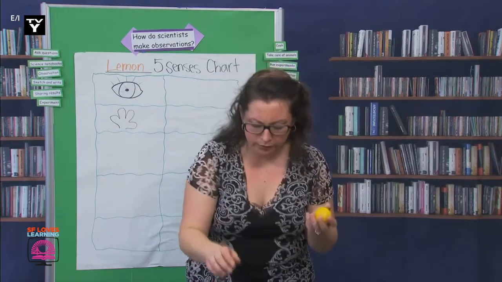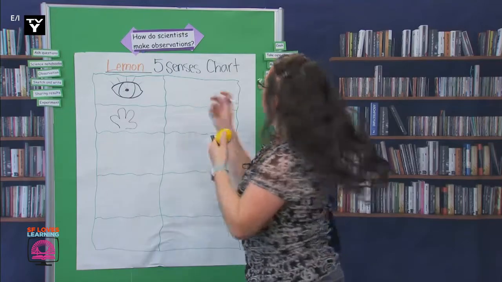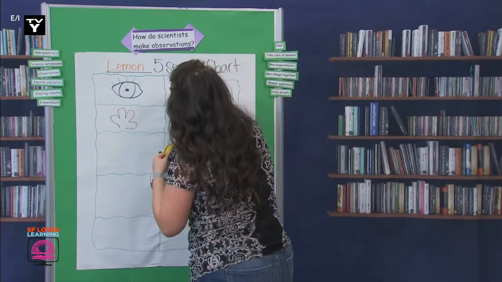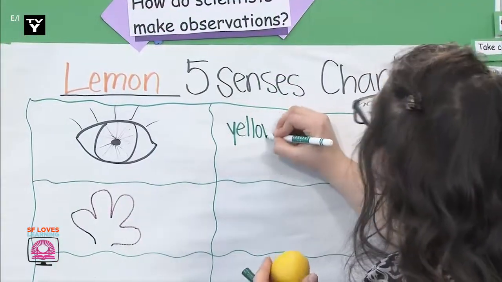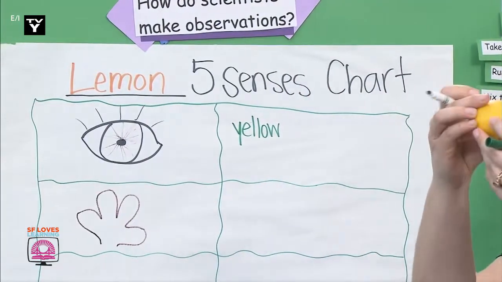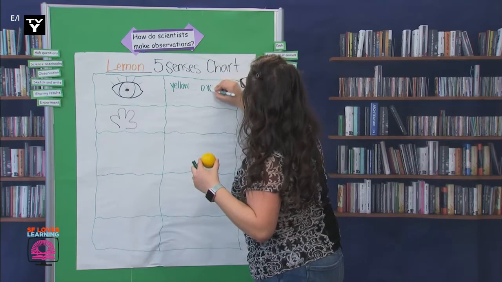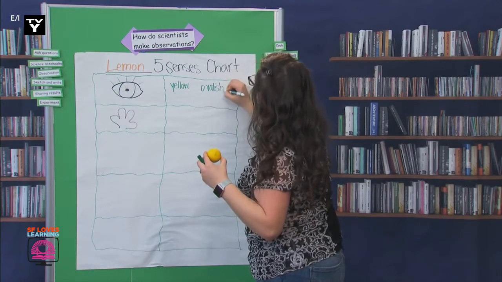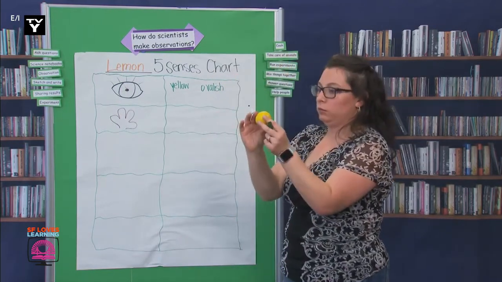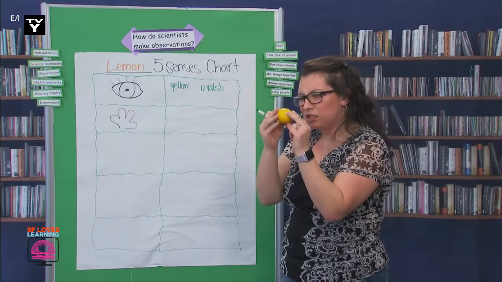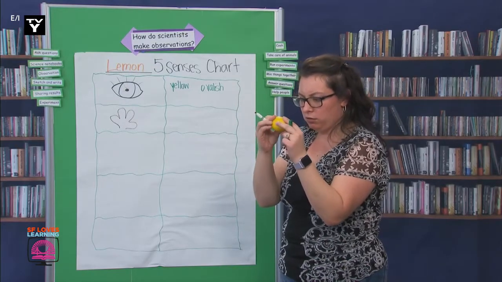So the lemon is yellow. It's shaped kind of like an oval. Ovalish. And it has a lot of little spots.